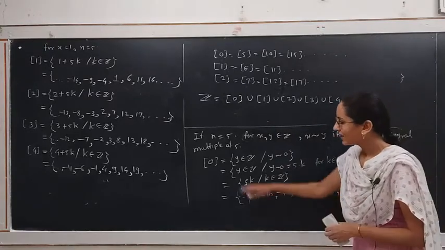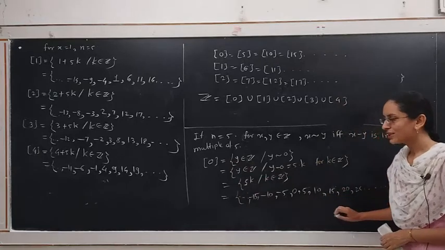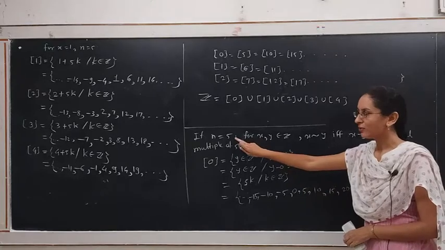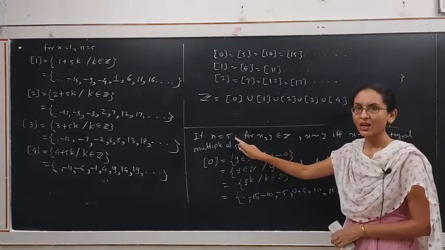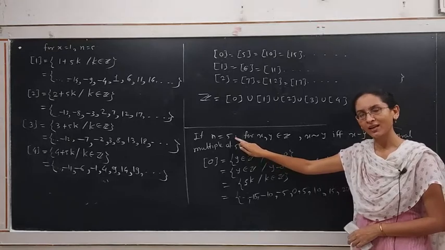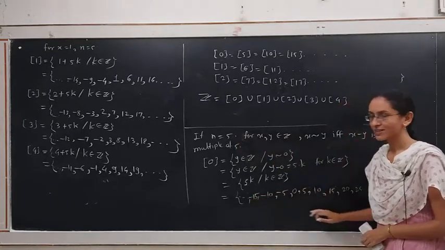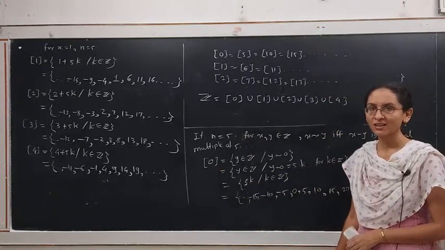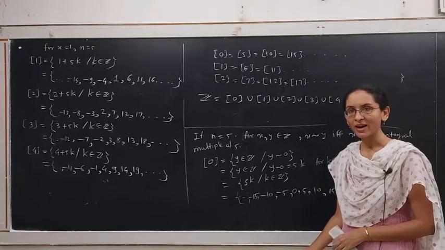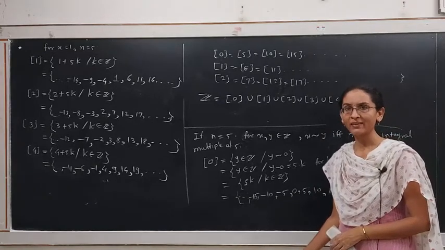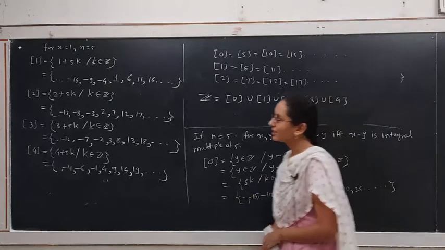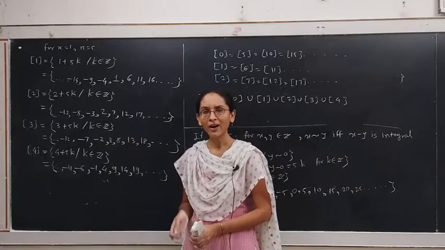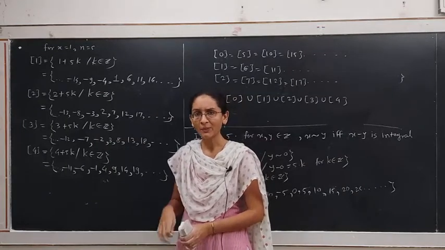See, in the equivalence class of 0, those integers are present which are divisible by 5. If we divide any integer by 5 and the remainder is equal to 0, then all those integers belong to the equivalence class of 0. Similarly, the equivalence class of 1 contains all those integers for which, if we divide by 5, the remainder is 1.